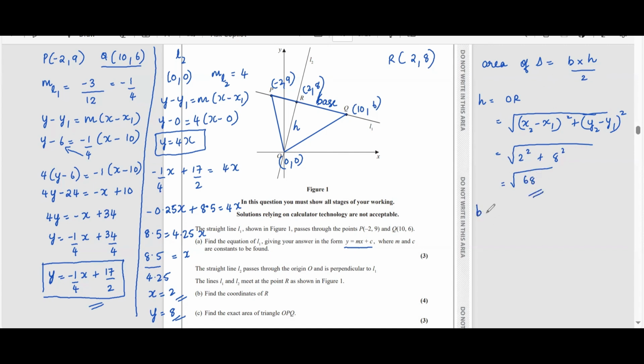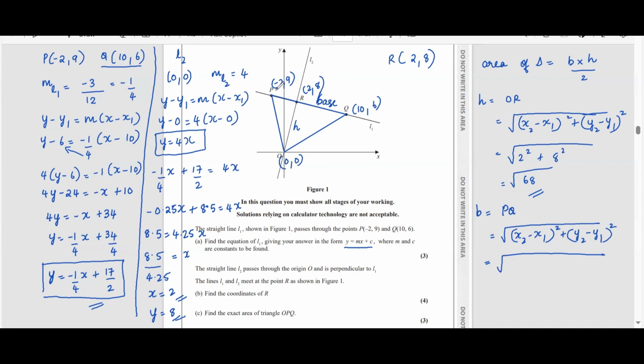We need the base now. The base is the distance between P and Q. Same formula: the square root of x2 minus x1 the whole squared plus y2 minus y1 the whole squared.